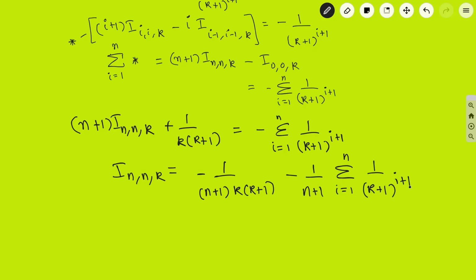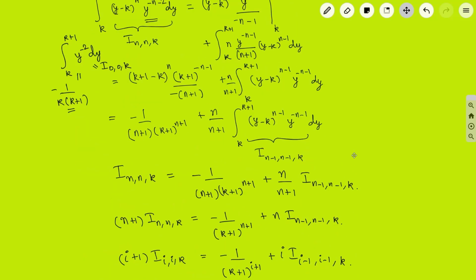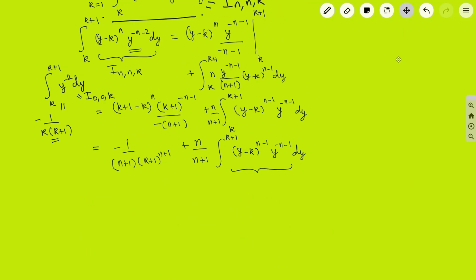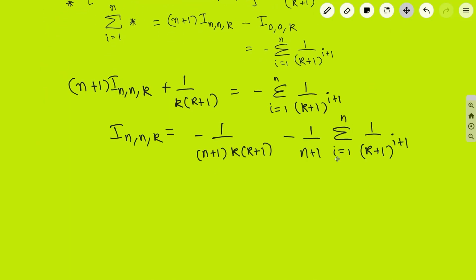Now, using the summation here, the summation runs from k equals 1 to infinity of this integral. This is basically I_{n,n,k}, which we evaluated, so we know what it is, right? That's basically what we have here.